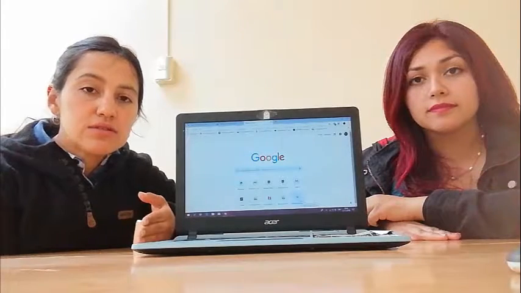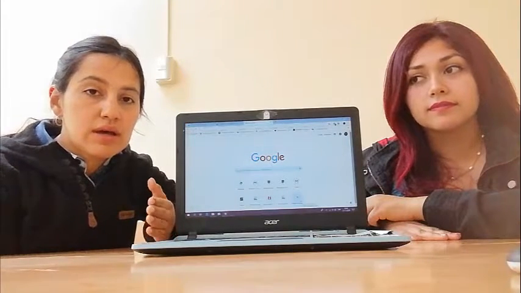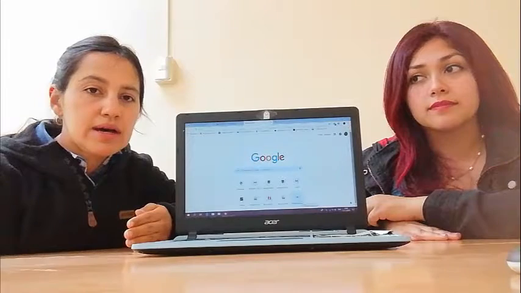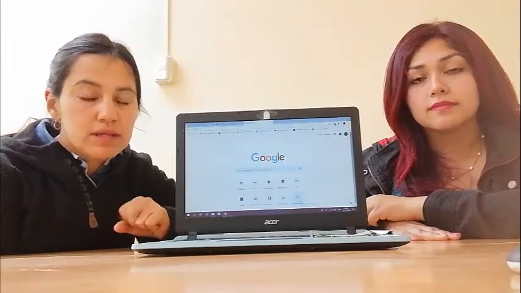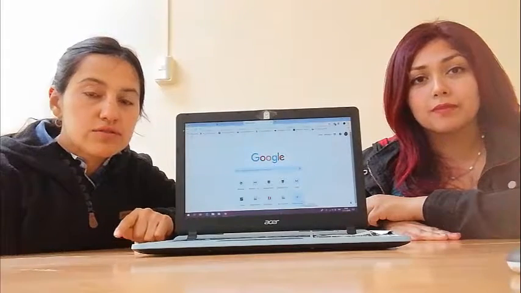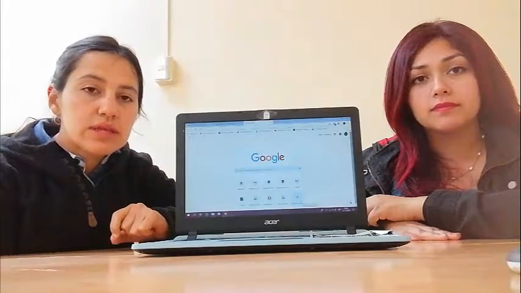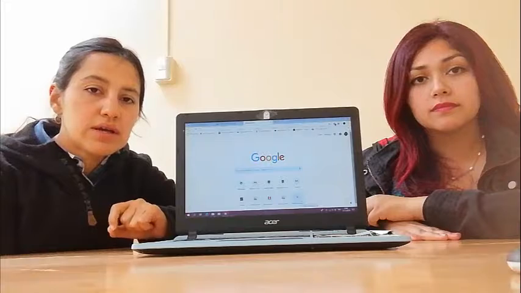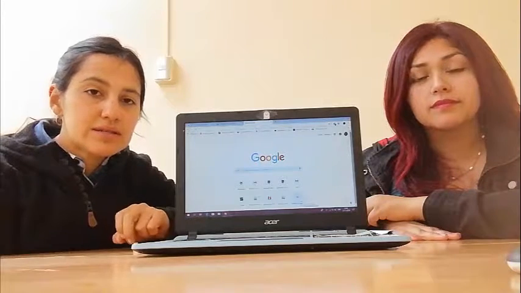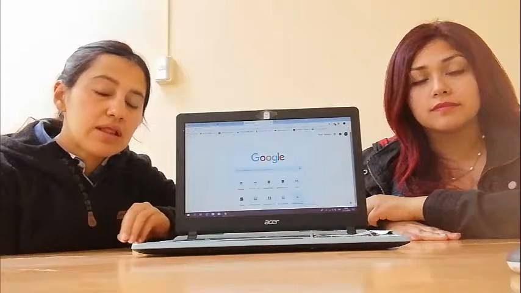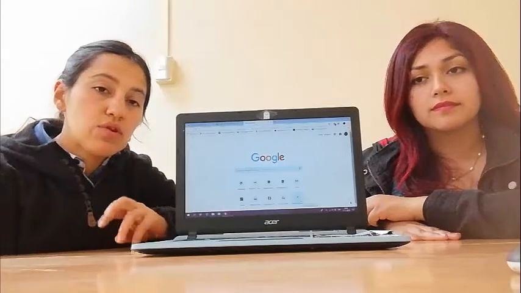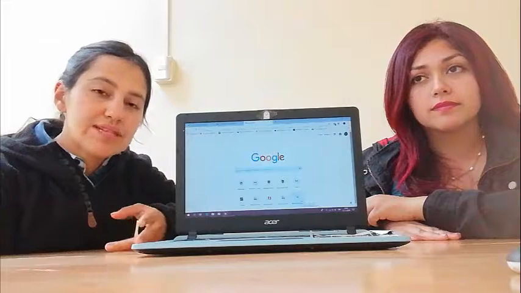In the case of the Institute, we have those things in each room, but technical difficulties can always appear, right? So those are constraints. Also, in the case of the Google Form test, a constraint is that you need a Gmail account, so you have to log in to have access to the test.